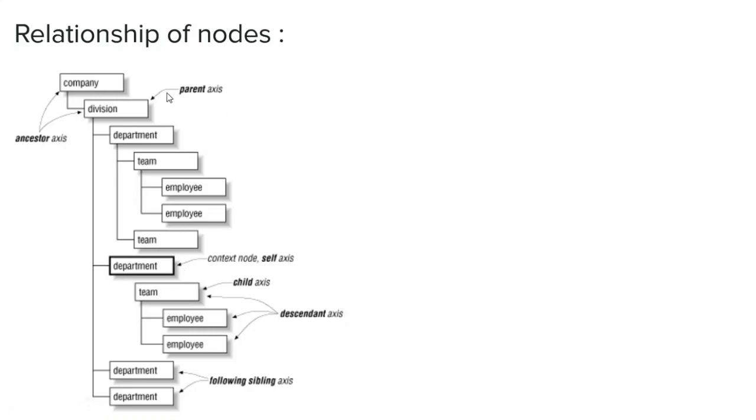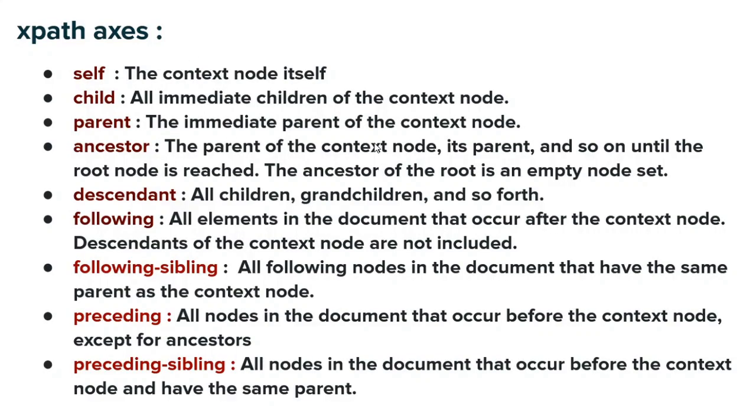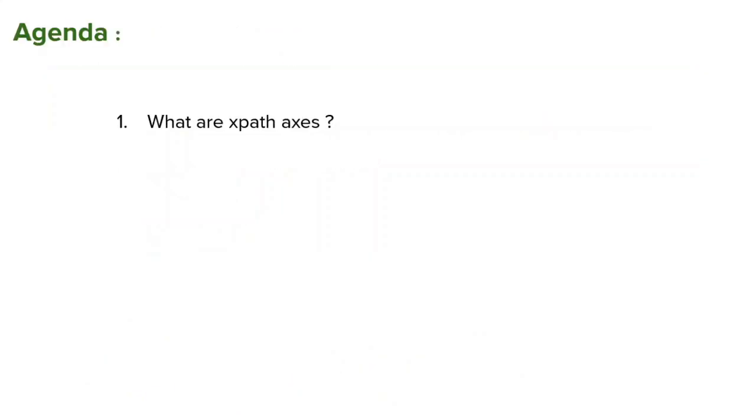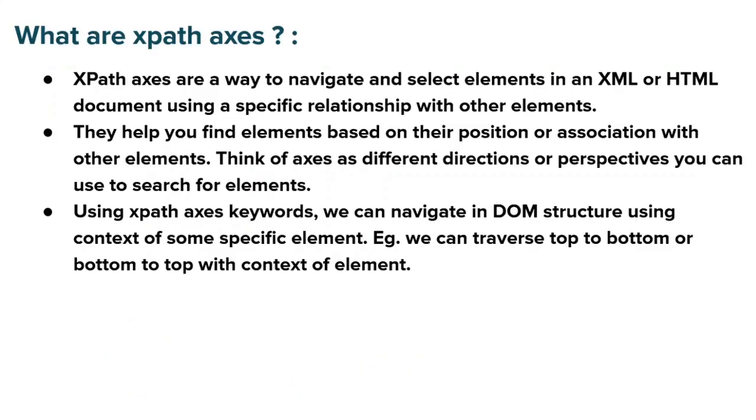So this is the simple conceptual understanding of XPath axes. Let's revise one more time: what exactly are XPath axes? They provide a way to navigate and select elements in an XML or HTML document using a specific relationship with other elements.